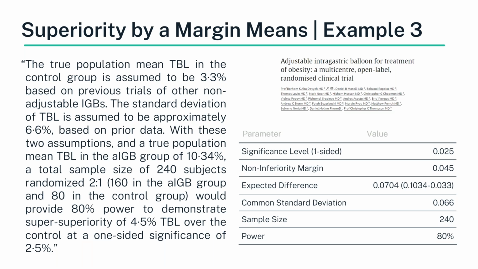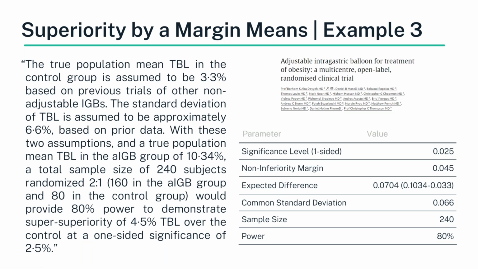So there's potential for intragastric balloons to help address the gaps in obesity treatment, given that they're minimally invasive procedures. And so in the trial, the superiority margin was set at 4.5%.